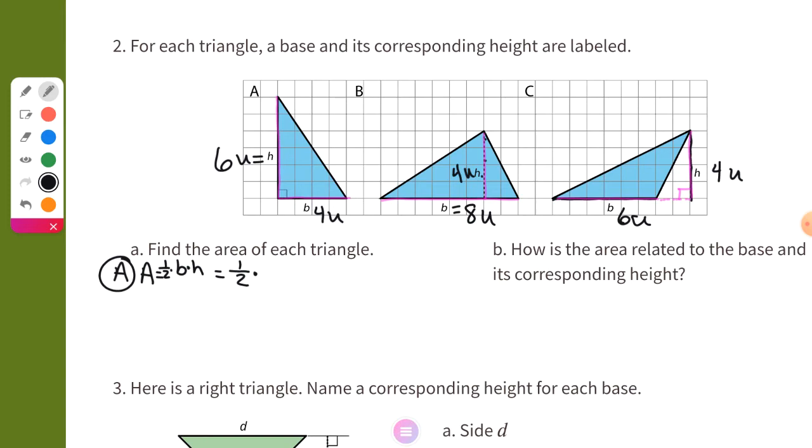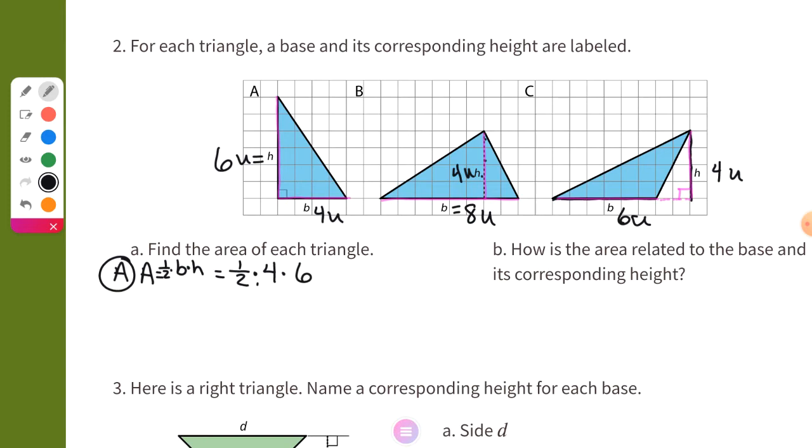What was my base? 4. What is my height? In triangle A, what is my height? 6. Okay, now, even though it's fractions, these are mental math fractions if they're all even numbers, and these are. What is 1/2 of 4? 2.